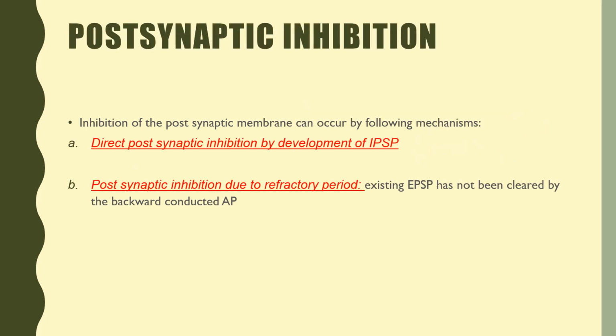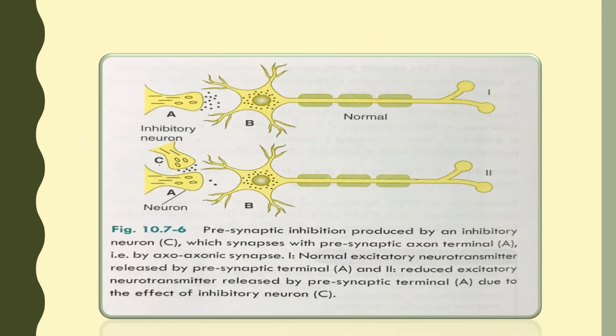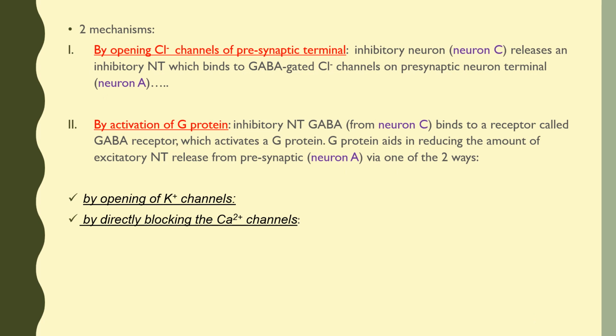Synaptic inhibition, we said, involves the generation of an IPSP, but in this one inhibition happens but an IPSP is not produced. The C1 inhibits the A neuron. Just consider the example of C: this was the C neuron and this one was the A neuron.